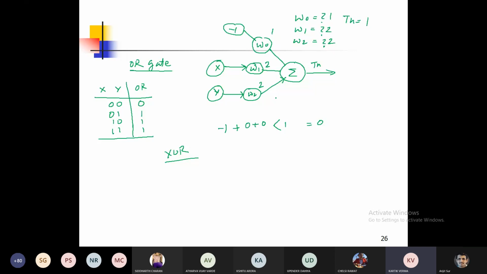What will be the W0, W1, W2 and threshold in this setting? What is the Zorget?